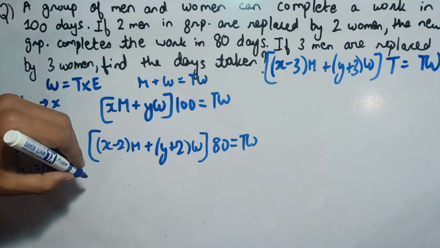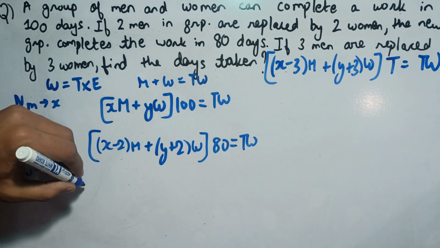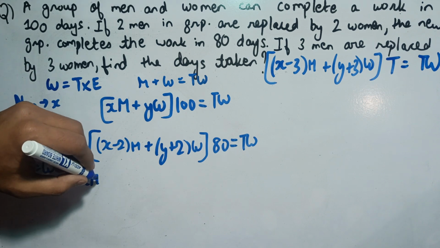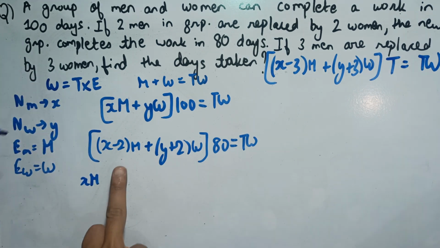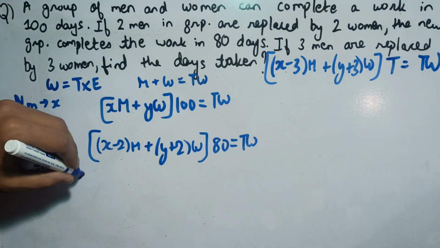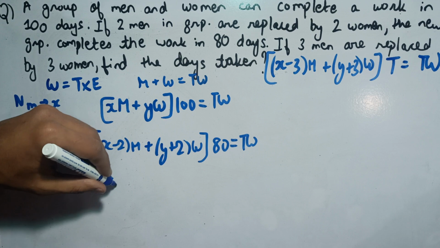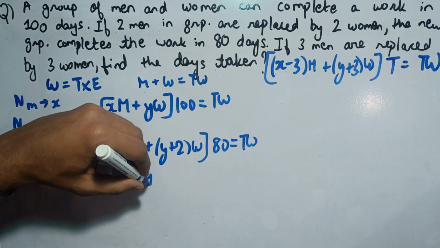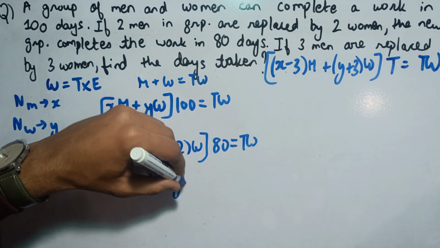We can equate both the equations. We'll get this as 100 XM plus 100 YW.